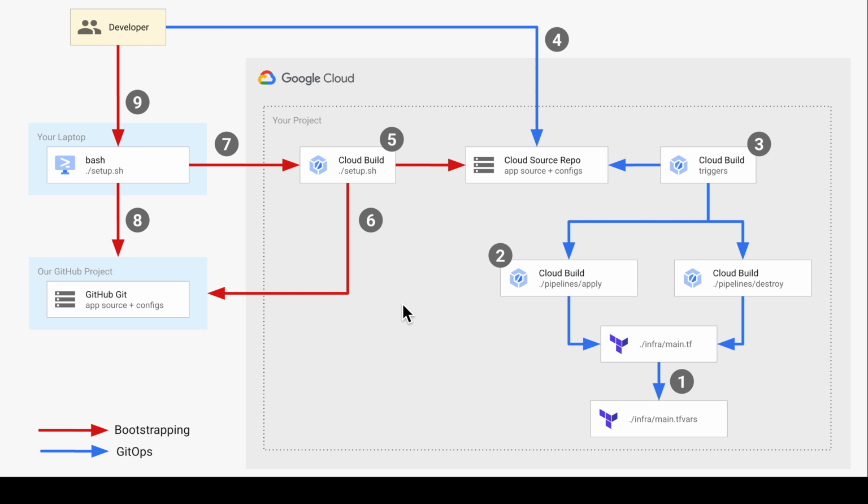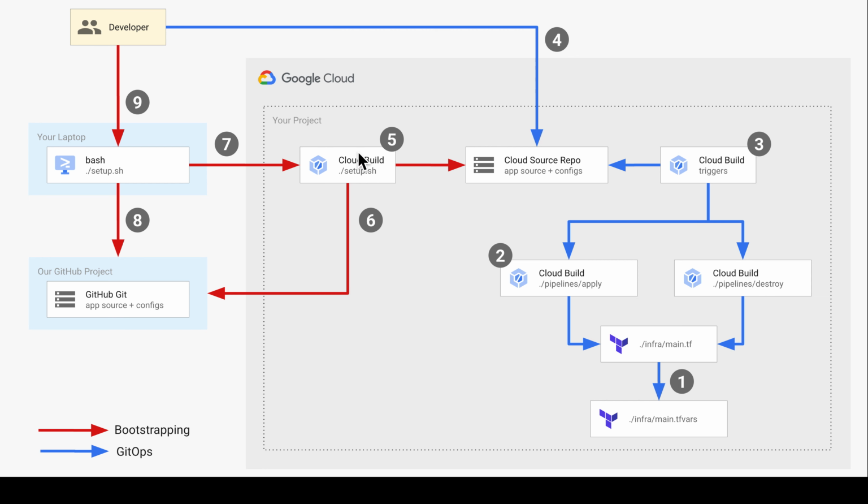So in my demo, in the source code that I'll show you, I actually have another Cloud Build that will create the source code repo and the triggers. It will populate the source repo in your project with the GitHub source repo. It will just clone it and make a copy of it, because my GitHub repo has all the components that you need, all the pipelines, all the code that you need to manage the project. So Cloud Build will create the repo, populate the repo, create the triggers.